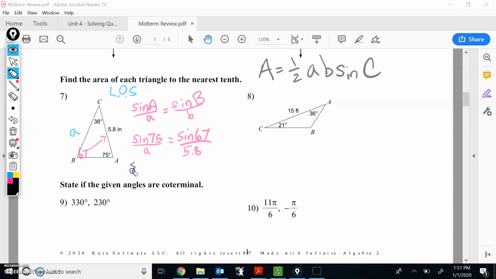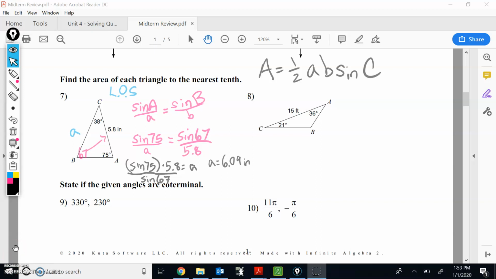So we have sine 75 times 5.8 is going to equal A times sine of 67. And then we're going to divide over the sine 67. I'm going to do that here instead of writing out another step. In your calculator, make sure you are in degree mode and see what you come up with. I got A to equal 6.09 inches.